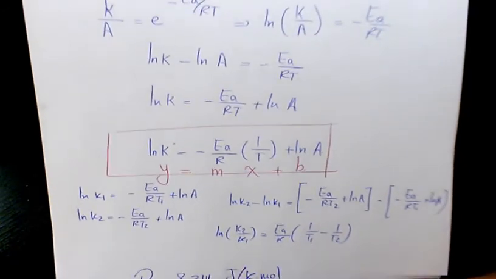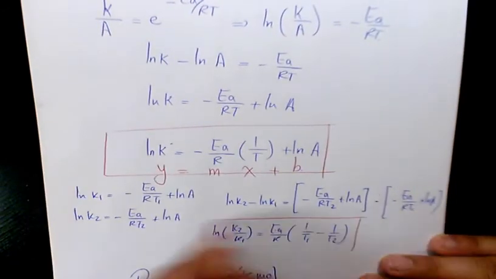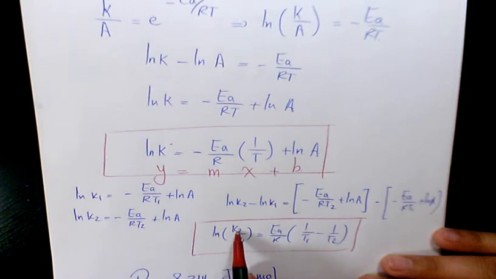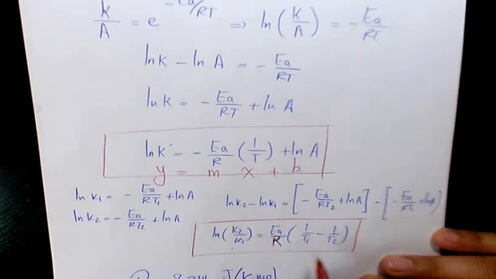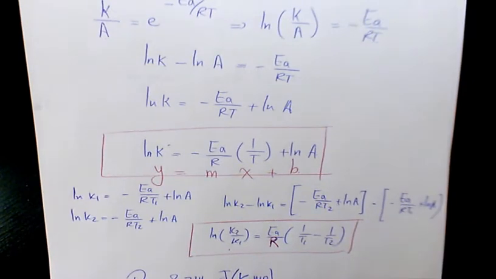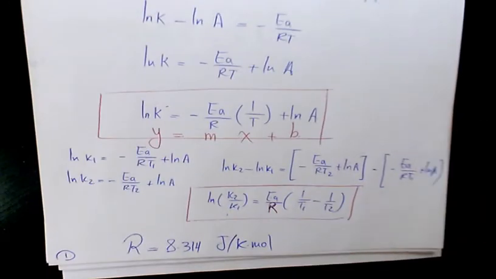When we simplify, it's going to be ln k2 over k1 equals Ea over R times 1 over T1 minus 1 over T2. Remember, T is in terms of Kelvin, and R is 8.314 joules per Kelvin per mole.